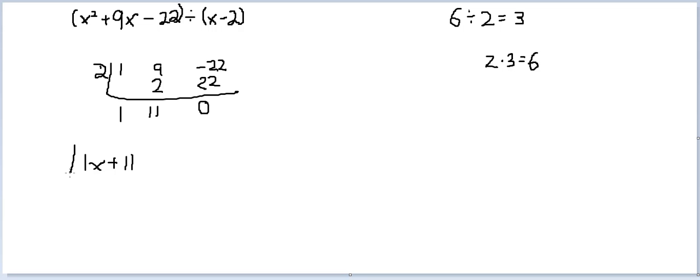Here's your answer. And if you wanted to check that, you would multiply out, we can do that real quick, our x plus 11 times what we divided by up here, just like we checked to see that that worked.